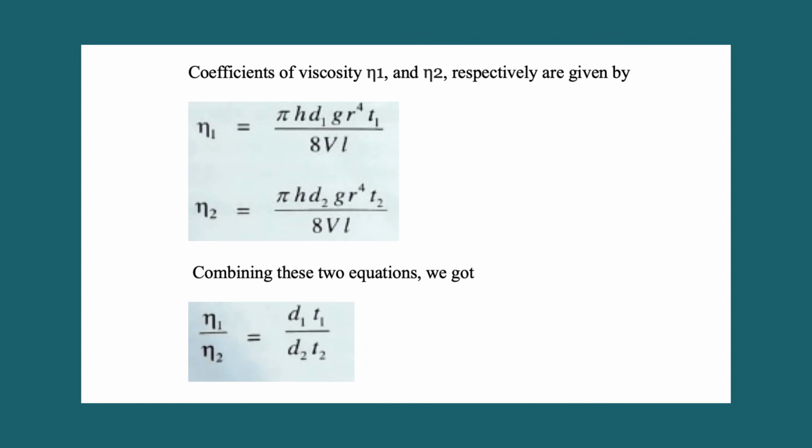Combining these two equations and canceling the common terms, we get eta 1 divided by eta 2 equals d1 T1 divided by d2 T2.